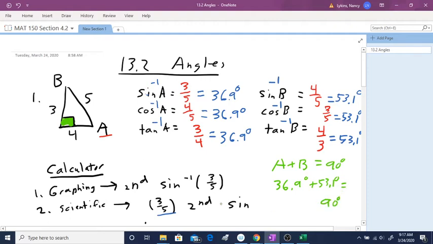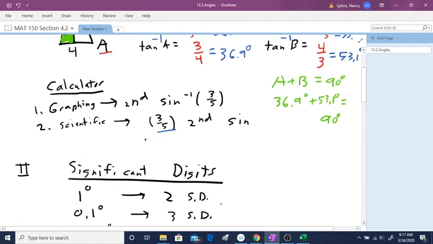Come up to be 90 degrees. Now, one thing that they're going to mention in your homework assignments, and I know we kind of struggle a little bit with this through the semester, is significant digits.